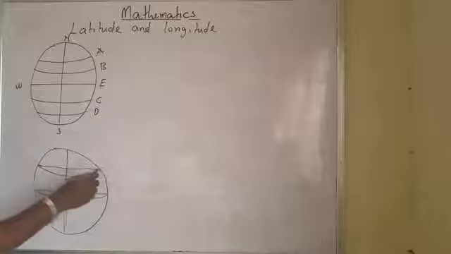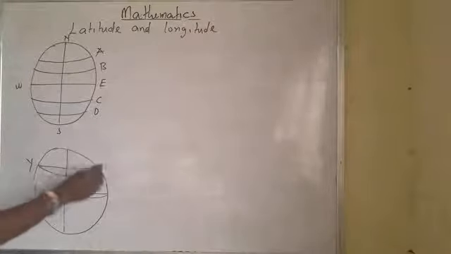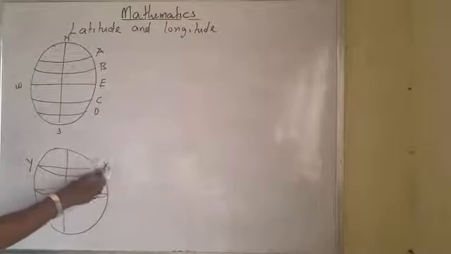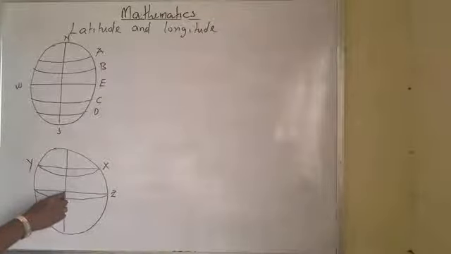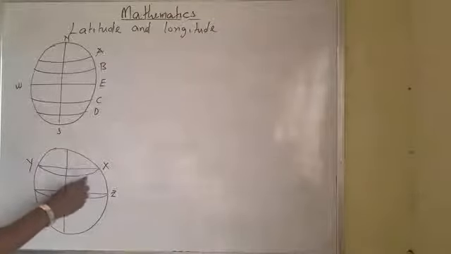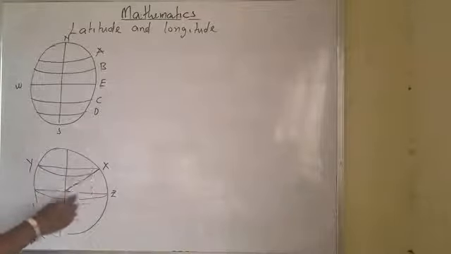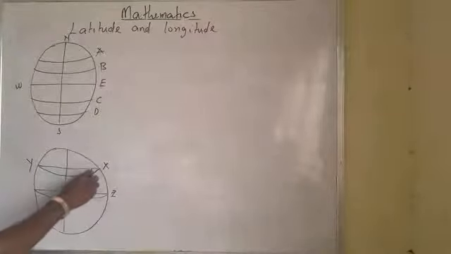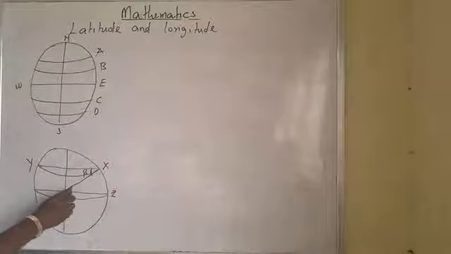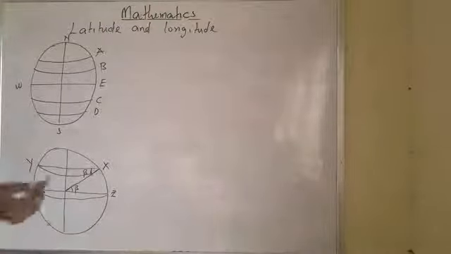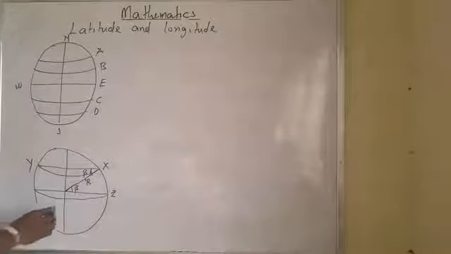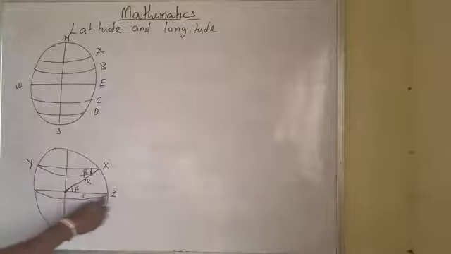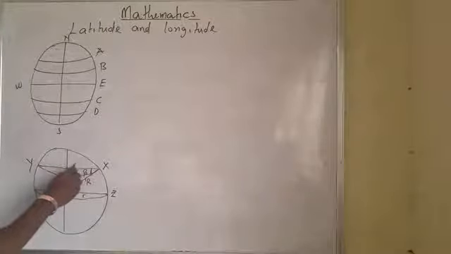Let me call these X, Y, and Z. If I have something like this, it is a radius. I call this angle beta, and likewise the parallel line will be beta also. Now, this is known as big R. This place we call big R, and here we call it small r. From here to here is a small r, and likewise this is a small r.